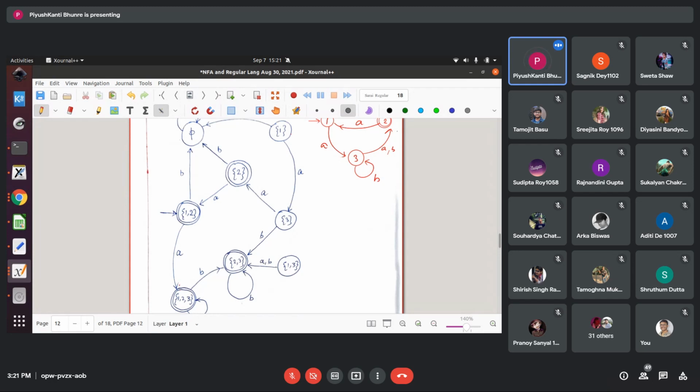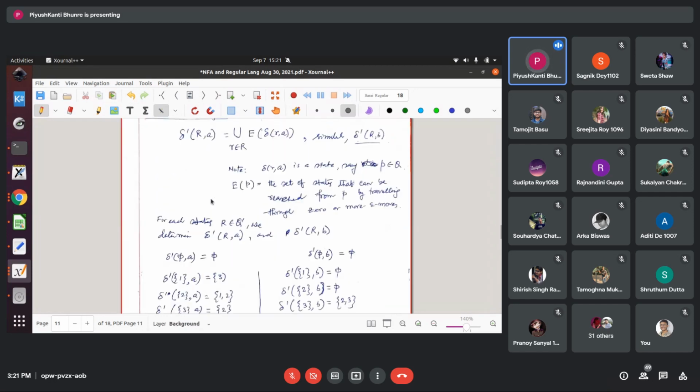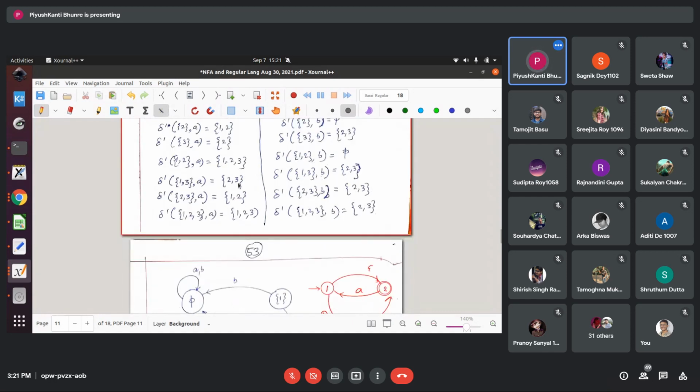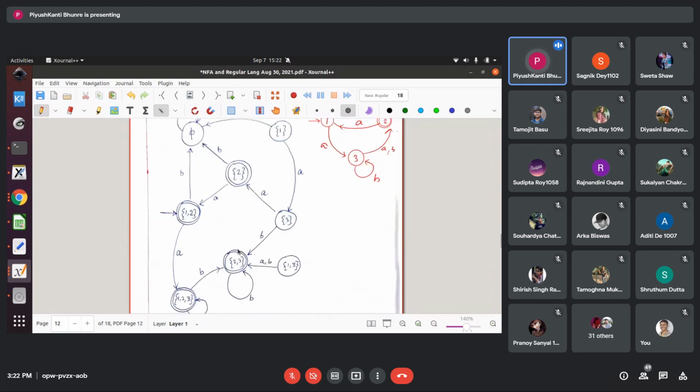Okay. So in fact you can look into the table. Using that computation that we have done, that gives you what should be the edges between the states. So on receiving A, from the start state it goes to the 1 2 3 state.